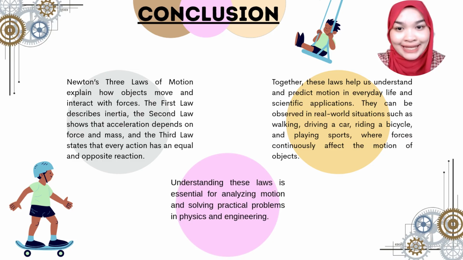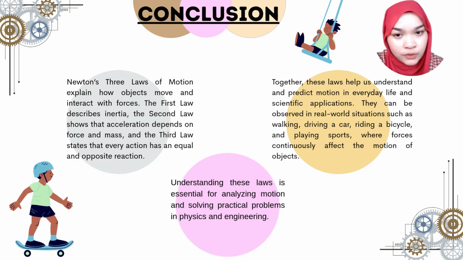So the conclusion is, Newton's three laws of motion explain how objects move and interact with force. The first law describes inertia. The second law shows that acceleration depends on force and mass. And the third law states that every action has an equal and opposite reaction.